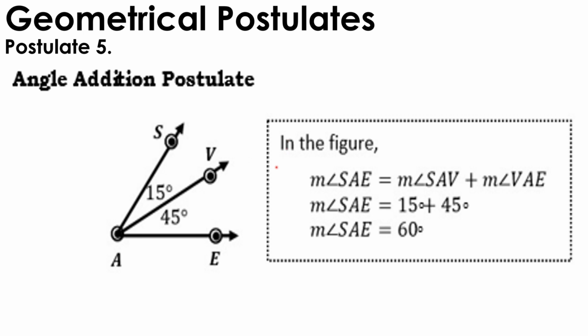So in the figure, the measurement of angle SAE is equal to the measurement of angle SAV and the measurement of angle VAE. So we have here 15 degrees plus 45 degrees is equal to 60 degrees. That is what we call angle addition postulate.